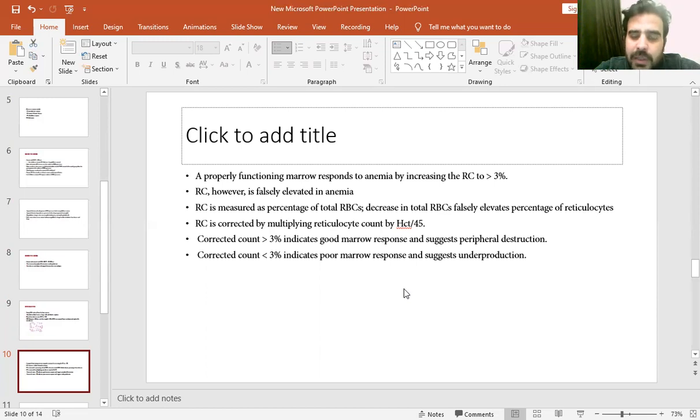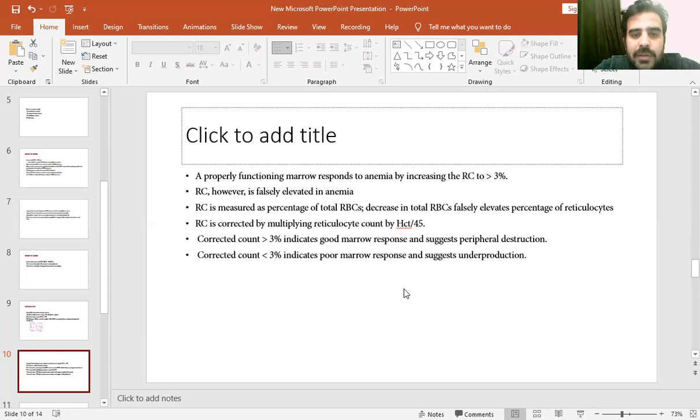So if the RBC amount is less, and even if the reticulocyte count is higher, that is why we are calling it the false elevation, because RBCs are decreased in case of anemia, and the reticulocyte count depends upon the total number of RBCs.